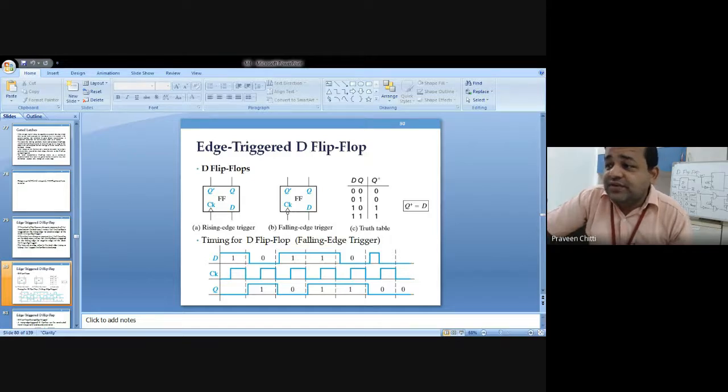Then we have seen the D flip-flop, and how we can construct a D flip-flop from the SR flip-flop. If you connect D to the S input and the complement of D to the R input, then the SR flip-flop can be converted to a D flip-flop. Here we have a single input D, and the output Q will be equal to D. That is, if D is 0, we get Q equal to 0, and if D is 1, we get Q equal to 1.